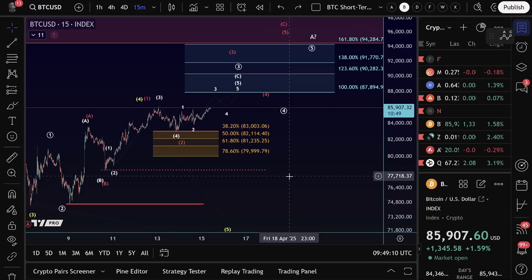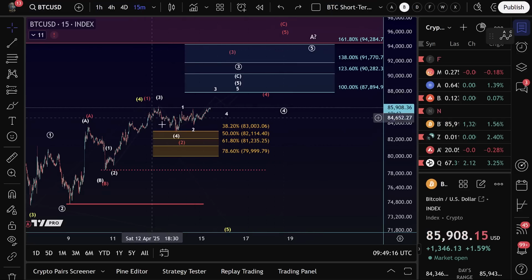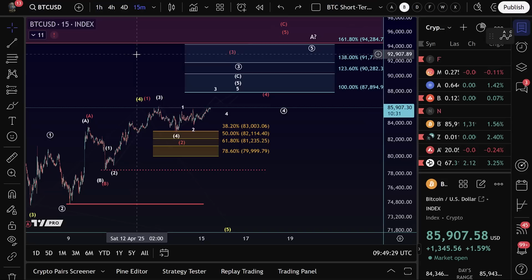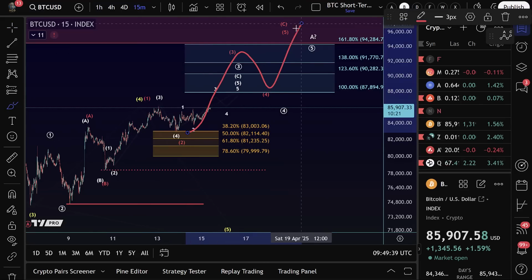The red scenario is possible, but then it would mean that the next move up is a third wave internally. It doesn't look like a third wave so much from this wave degree at least. It would have to be quite aggressive, probably, but I can't rule it out. That would be just another scenario to watch. To be honest, they are difficult to distinguish from each other, because also in the red count, we are watching for one more high and another higher low and a higher high.